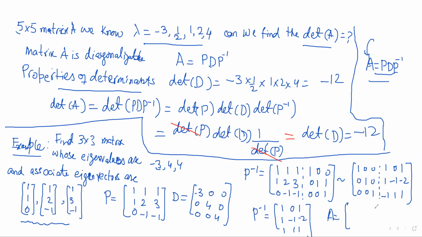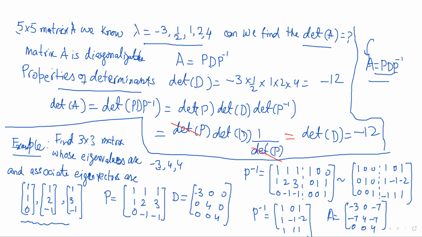Once you multiply it, the final answer for A will be minus 3, 0, minus 7, and minus 7, 4, minus 7, and then 0, 0, 4. Okay. So this way.